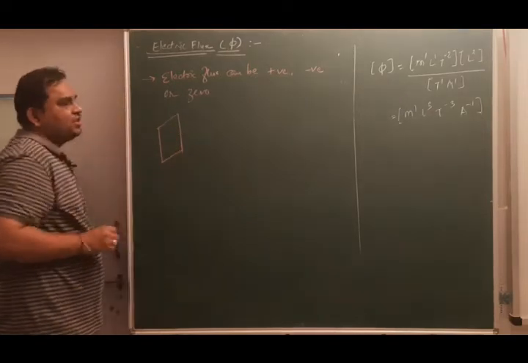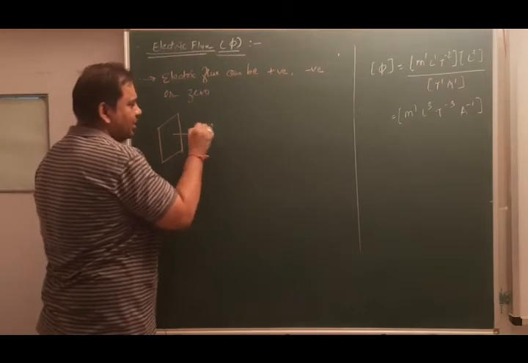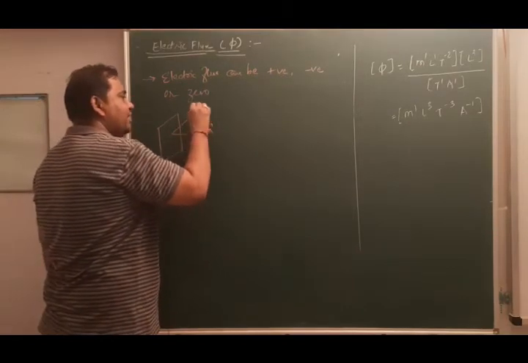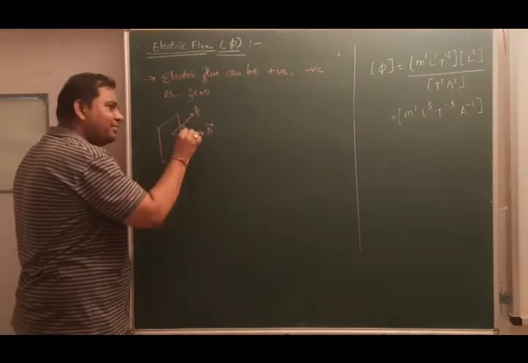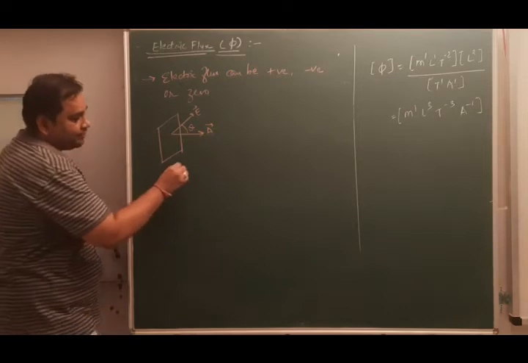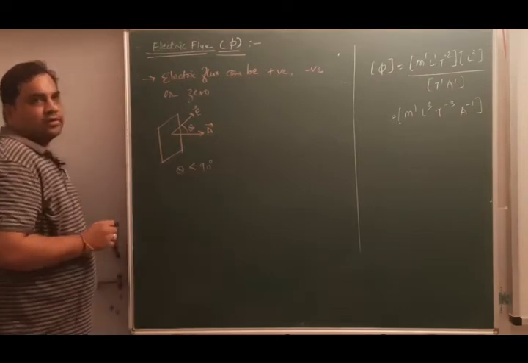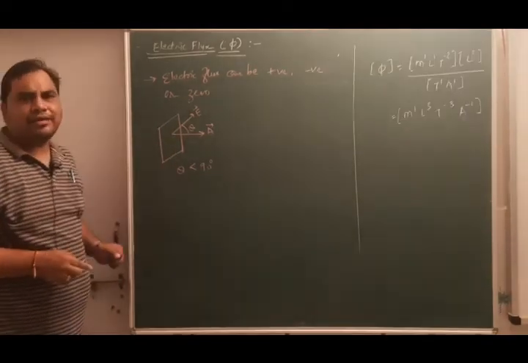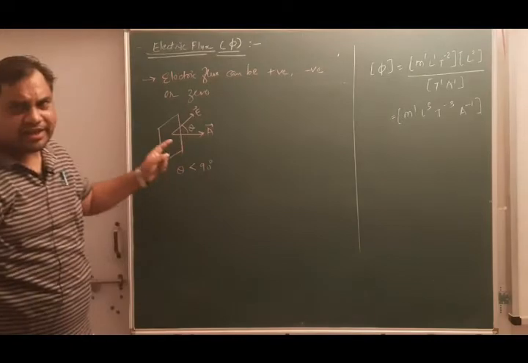Suppose there is an area and the direction of area vector A and electric field E, as we have discussed in the earlier equation. Over here the angle between electric field and area vector A, theta, is less than 90 degree. If theta is less than 90 degree, the electric field line will be coming out of that area.